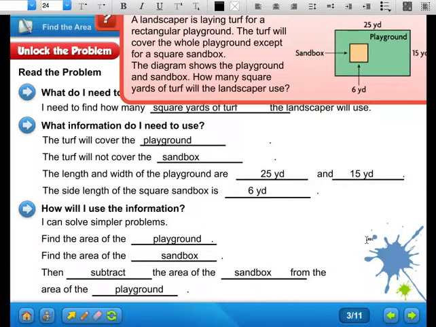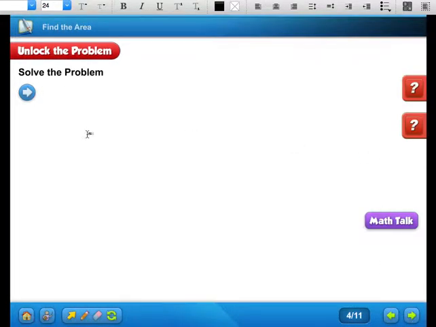So we're going to find the area of the whole area, which remember, if it's 25 by 15, that's going to even include the sandbox. So then we're going to find the area of the sandbox, and we're going to subtract it, right? Let's get started on that.